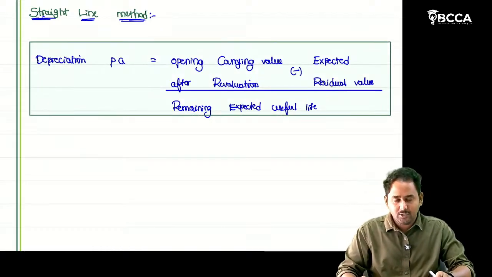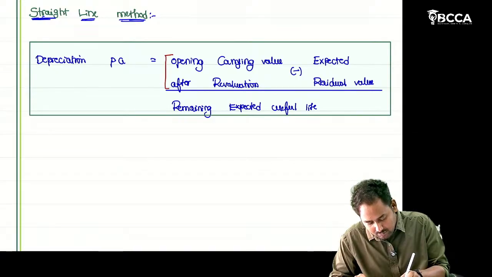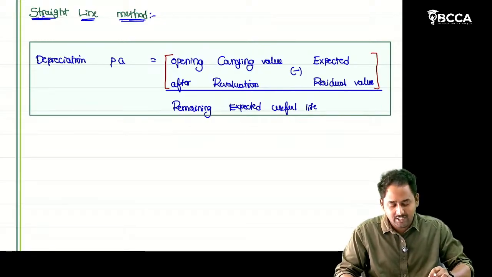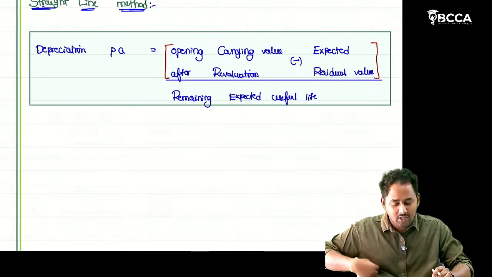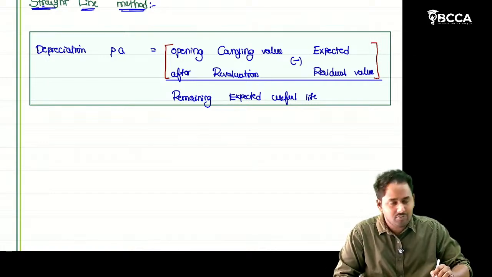So this is the depreciation per annum formula. Opening carrying value after revaluation minus expected residual value divided by remaining expected useful life. So you always need to follow this formula. Okay.